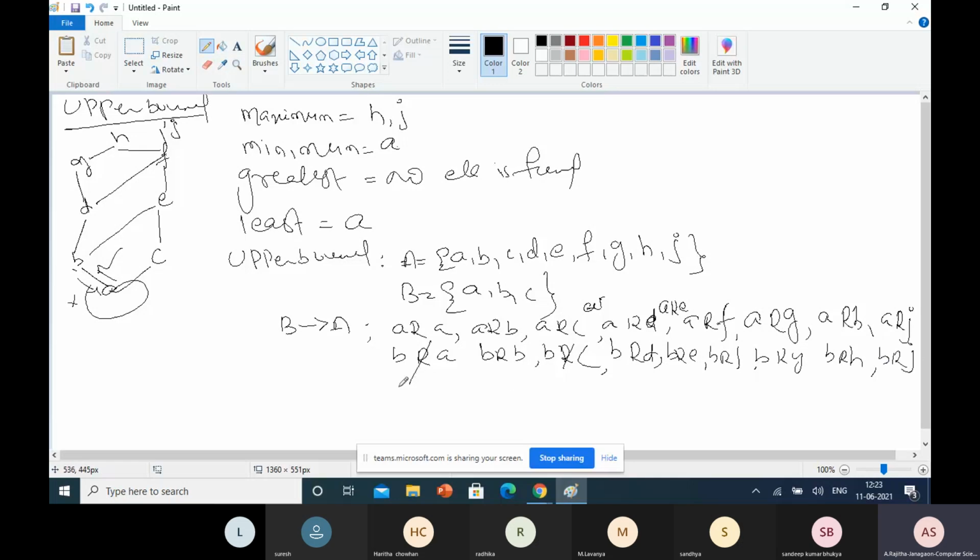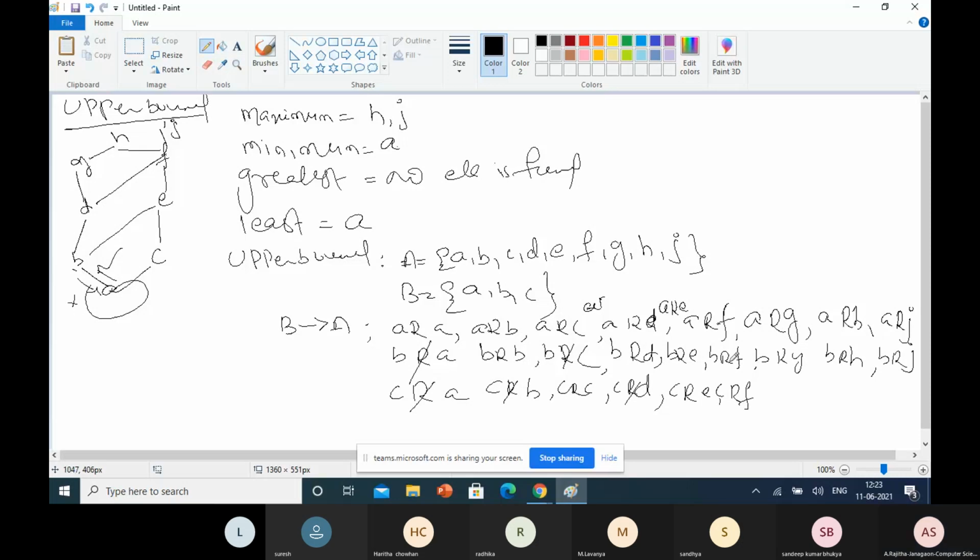Now write with C. C relates to C. C to D, there is no relation. Next C to E is there. C to F is also there.